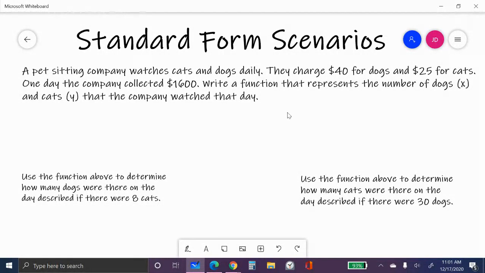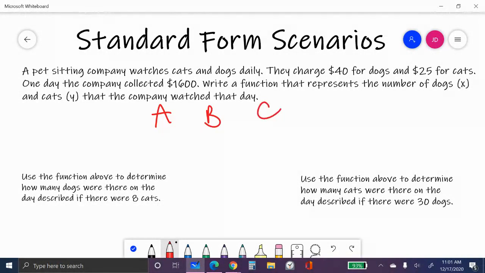All right, so a standard form equation looks like this, where you have three different numbers, right? And two of them are coefficients to the variables. So Ax plus By equals C. Okay.